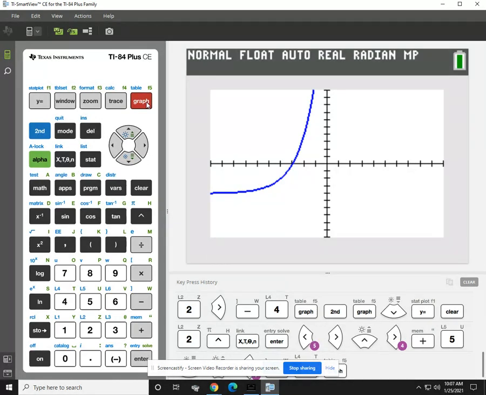Well, it can't go past your asymptote, right? And what did my asymptote move down to? So my asymptote is y equals negative 4, right? So therefore my range is everything from negative 4 and up.